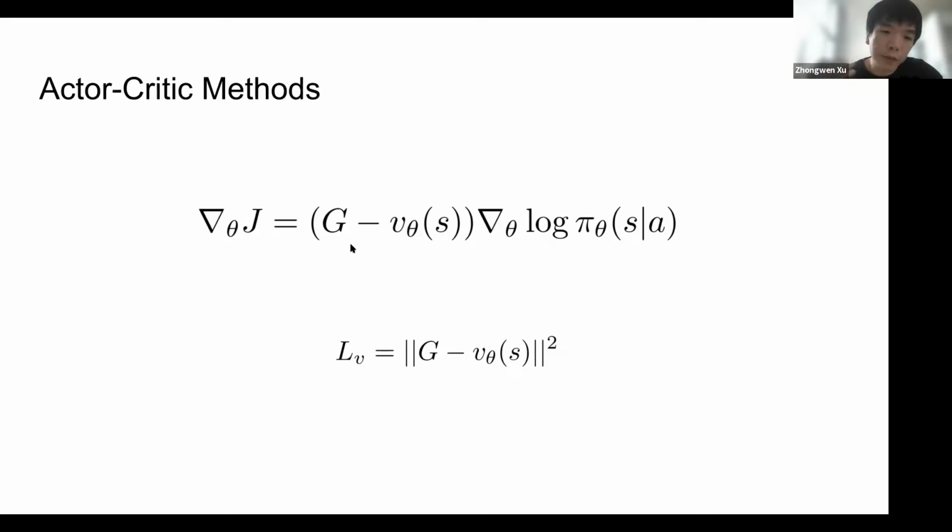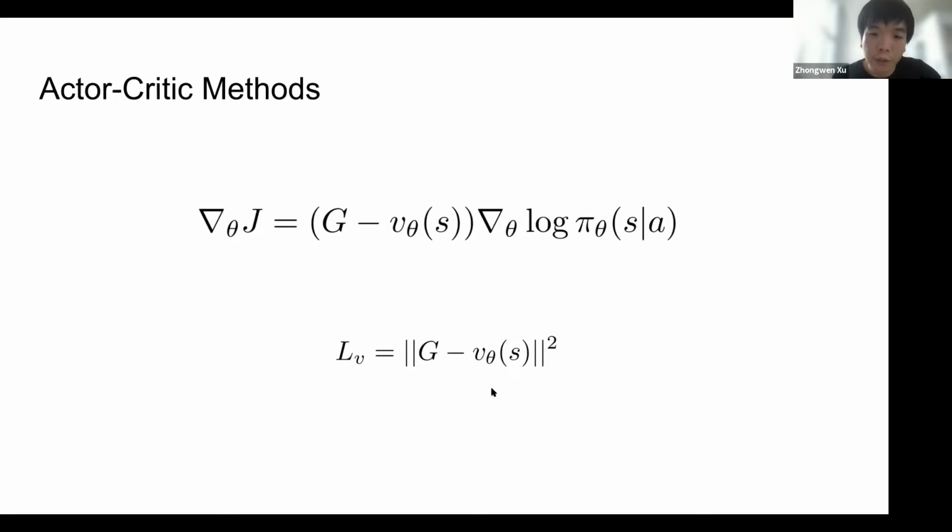So instead of using the pure return as the multiplier of this log pi gradient, we use the advantage term, which has many advantages, like you can reduce the variance of the gradient estimation, and also you can leverage the estimation of the value to help the policy learning.